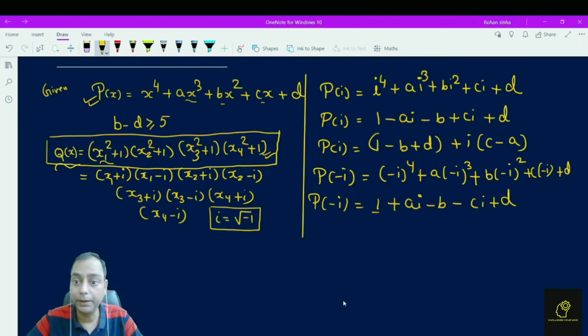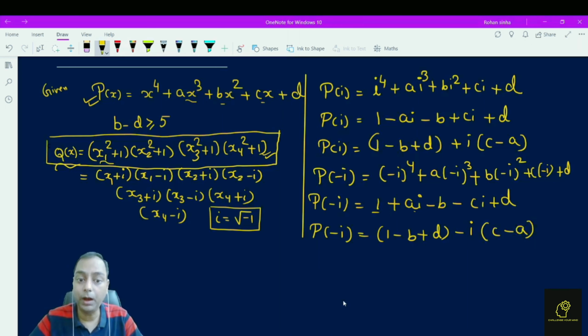Minus i cubed is i, so this is plus a i minus b minus c i plus d. So P(minus i) is equal to 1 minus b plus d minus i times (c minus a).